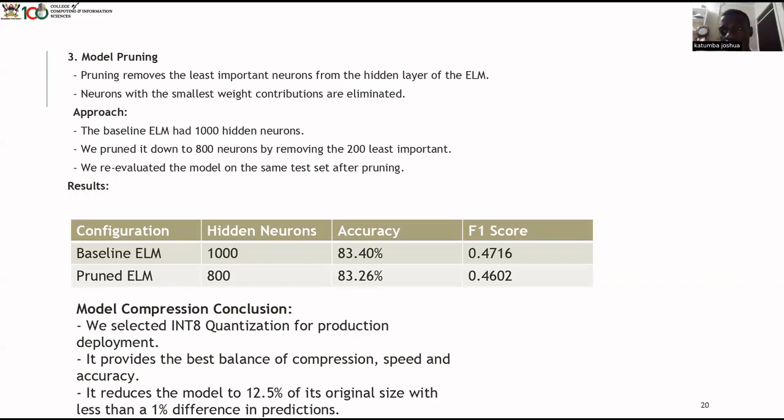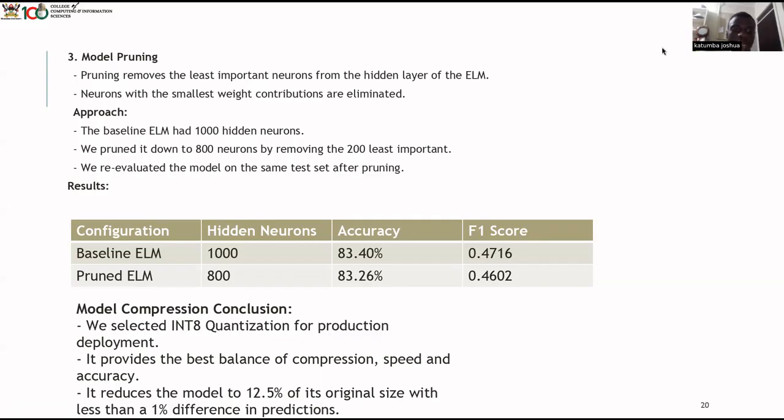Then we also carried out model pruning. With model pruning, we're removing the least important neurons from the hidden layer. In our model, we had over 1,000 neurons, so we ended up removing 200 to remain with 800 neurons overall. Then we evaluated the model on the same test after pruning, and we came up with the following results.